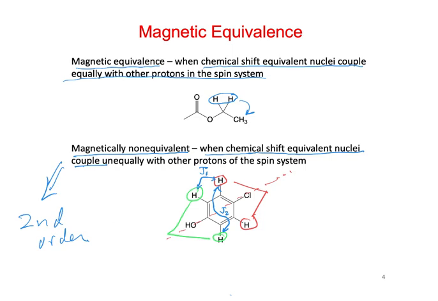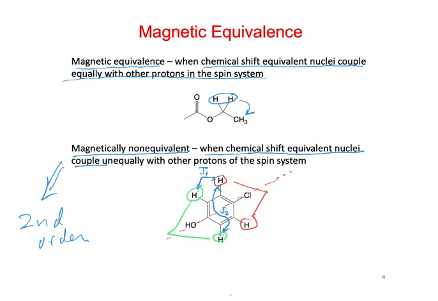Does J2 only show up because the green protons are chemically equivalent? Or magnetically equivalent? Well, no, it could show up if we had a different substitution pattern here. Then it could still show those couplings. But if the two green ones weren't equivalent, then it wouldn't cause magnetic non-equivalence.